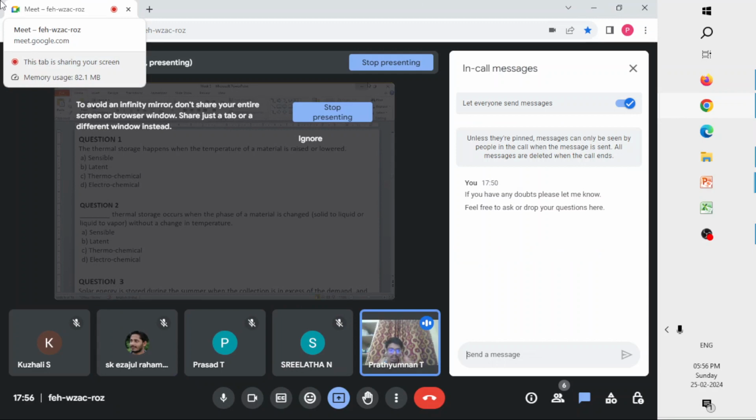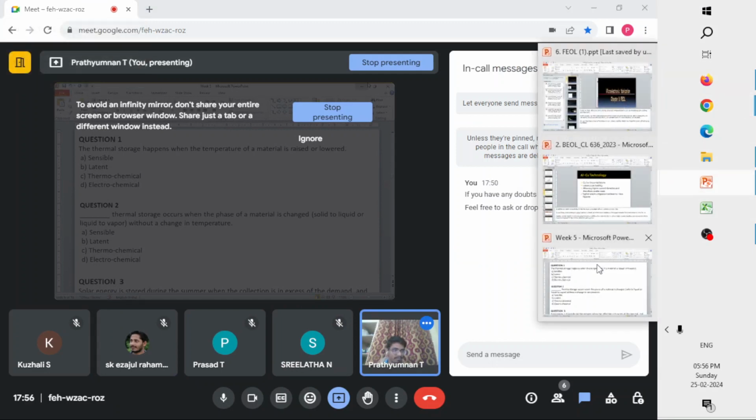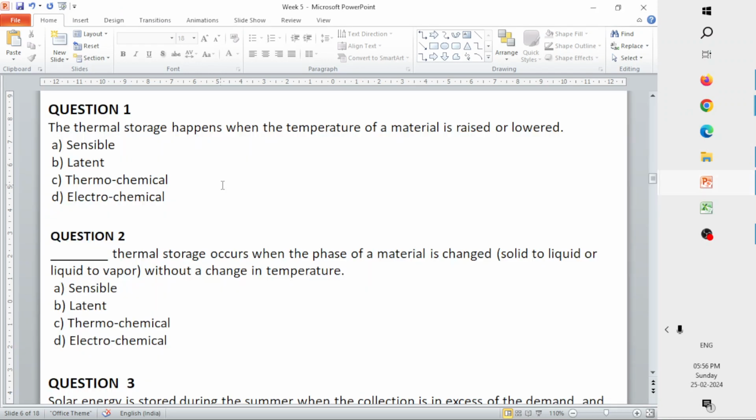What do you think will be the answer for question number 1? You can take the example of water.